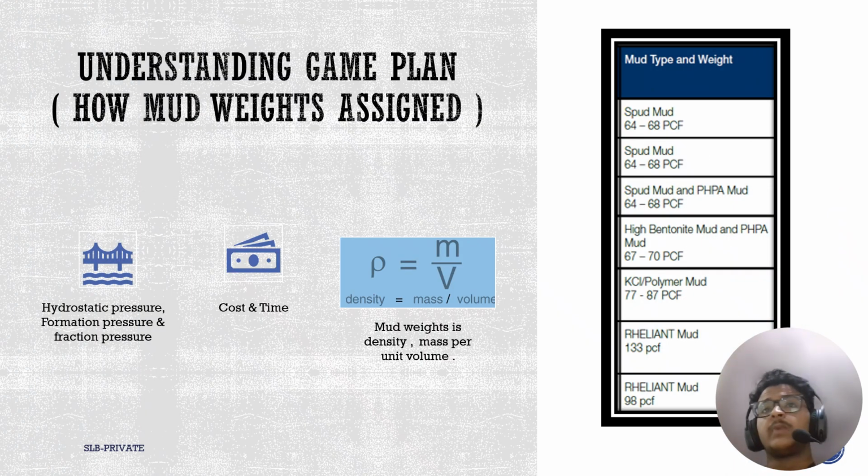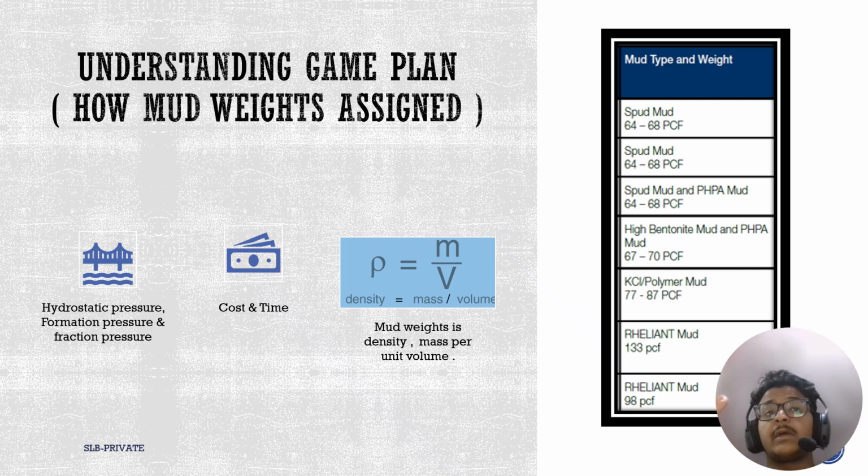Now, how are mud weights assigned? This is a good question. I always ask myself. We have hydrostatic, formation, and friction pressure. Hydrostatic needs to be higher than the formation, but not higher than the friction. If hydrostatic exceeds the friction pressure, losses will occur, and it's a big problem.